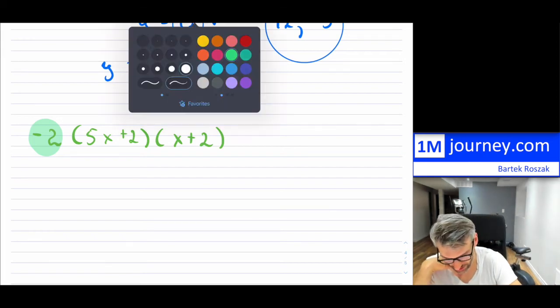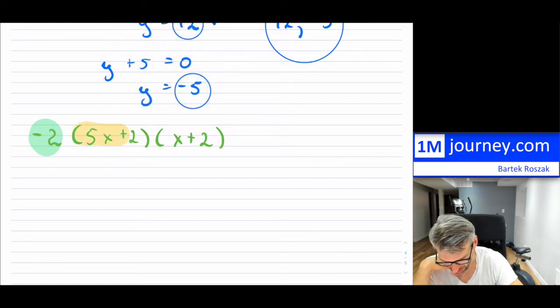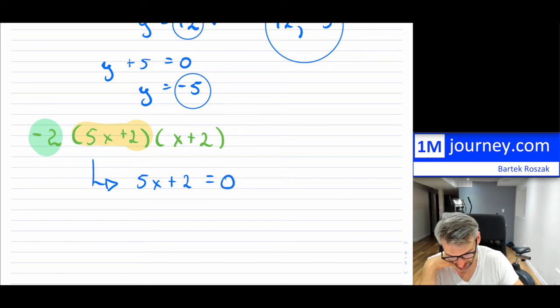So what we do is, if you want to find the zeros, you just take each factor. So in this case, I would take this one. That would be my first one. And I would say, okay, so for this factor, if I set this to 0 and I isolate for x, so it's going to be -2, so 5x, and then divide both sides by 5. It's going to give me this.